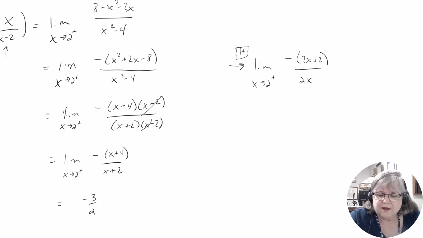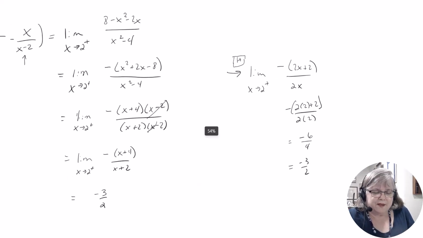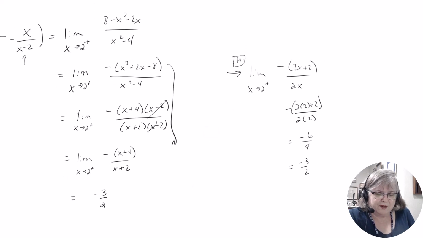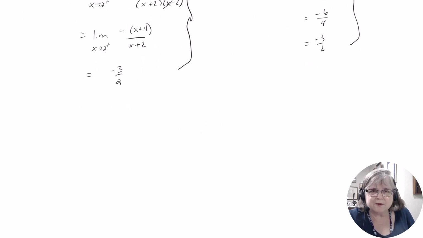So when you substitute 2 in, you'd have minus 2 times 2 plus 2 over 2 times 2. This is minus 6 over 4. This is minus 3/2. So this technique here is really factoring and reducing. This technique over here is using L'Hopital's rule, and you get the same answer twice, right?